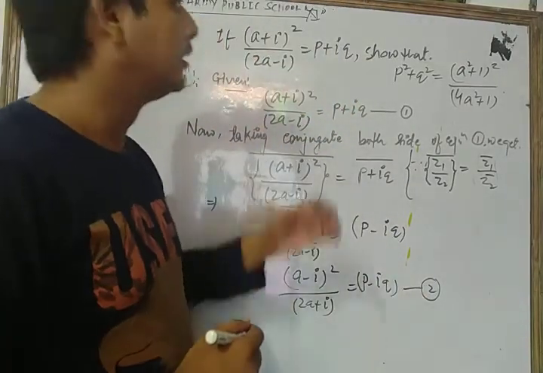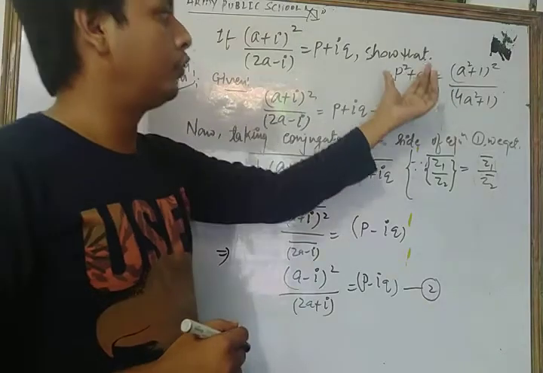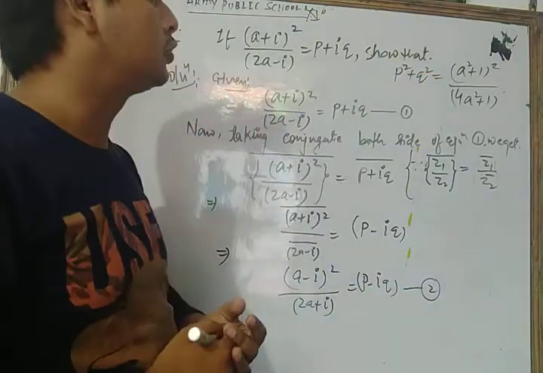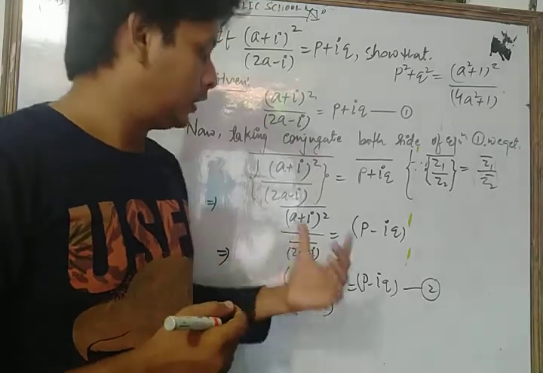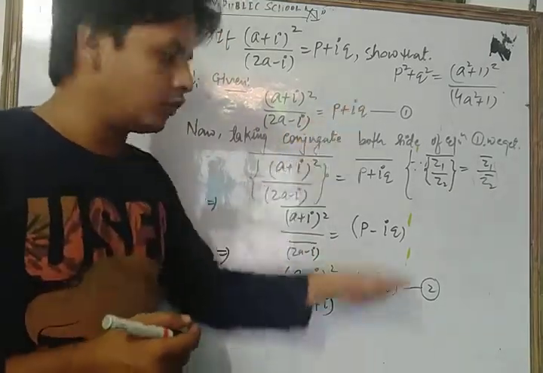Now, dear students, in order to prove that p² + q² = (a² + 1)² / (4a² + 1), we multiply equations 1 and 2.